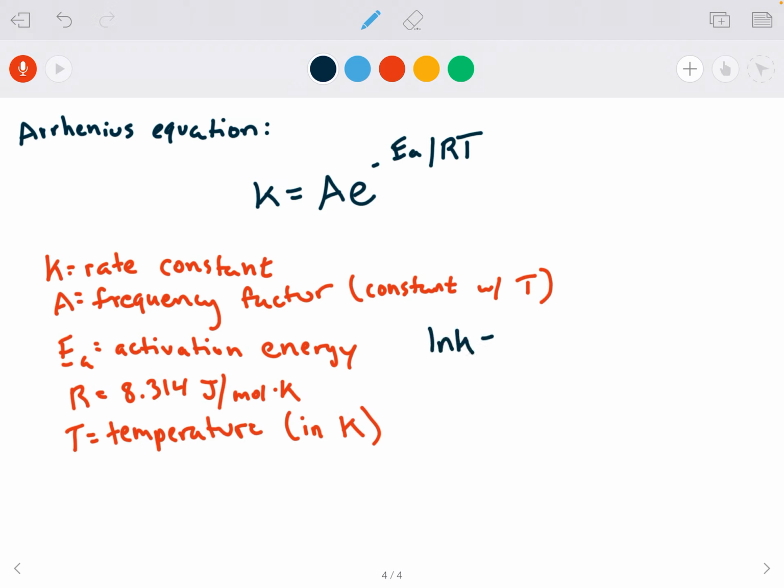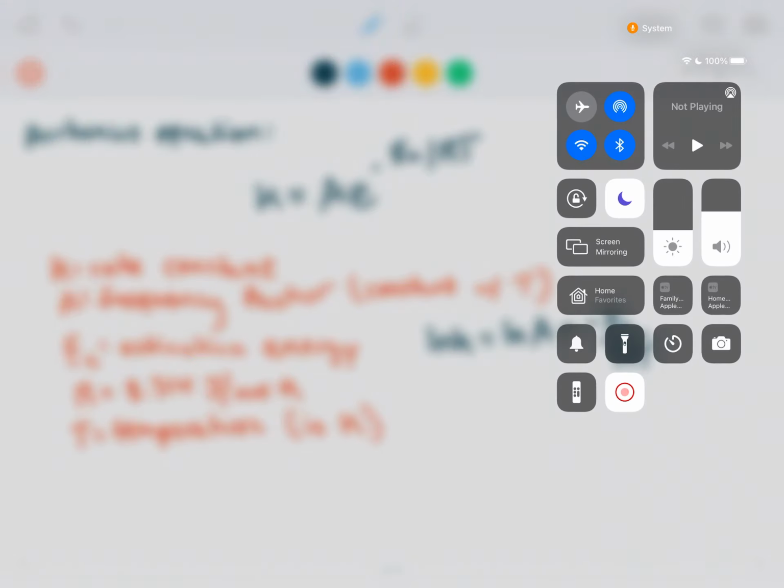So if I take the natural log of both sides, I'll get ln k is equal to ln A plus negative Ea over RT. These are multiplied together, so when you take the natural log, you add those two together. So that is a way you can take it away from the exponent and bring it into a form without that exponent.